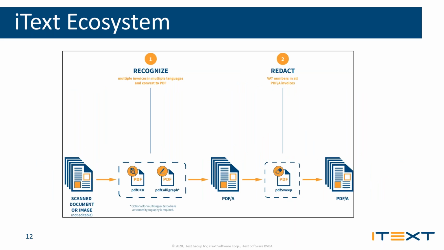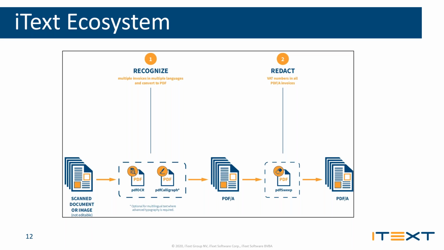During our previous webinar, we saw how PDF OCR could be used to turn a plain image into a fully fledged PDF/A document with the ability to recognize even advanced typography like Arabic and Thai characters with the help of pdfCalligraph.